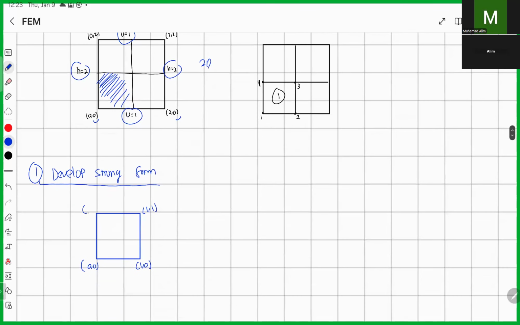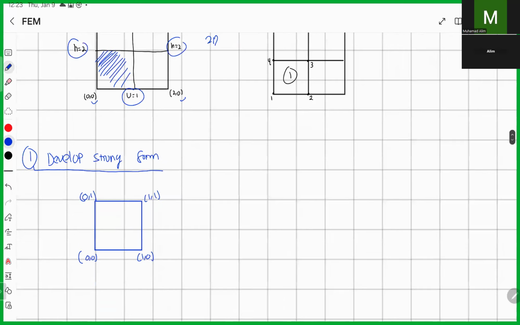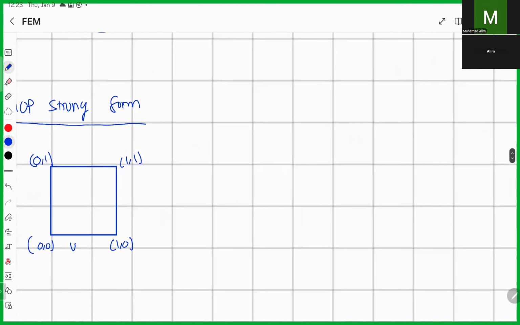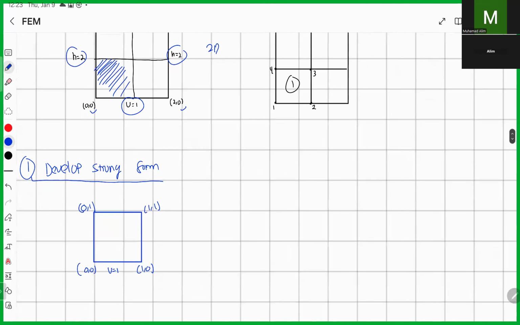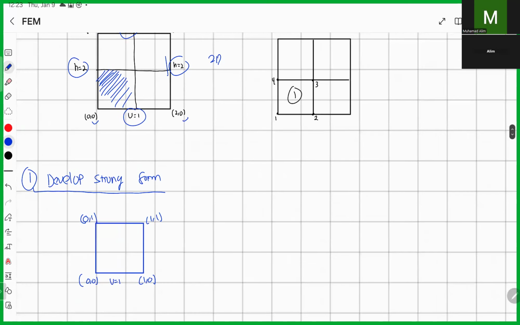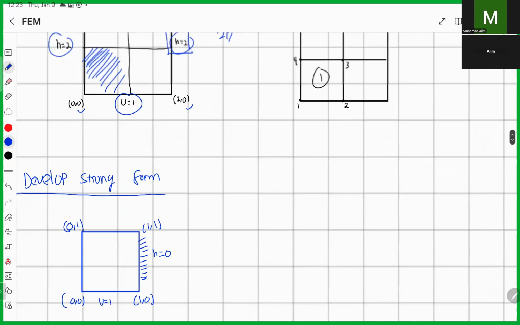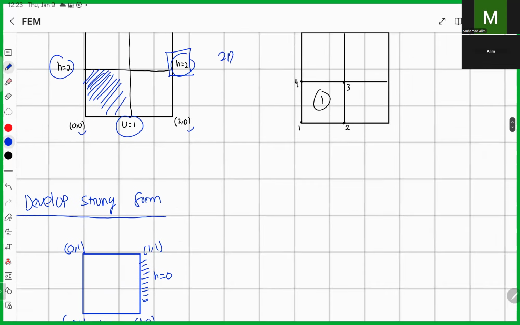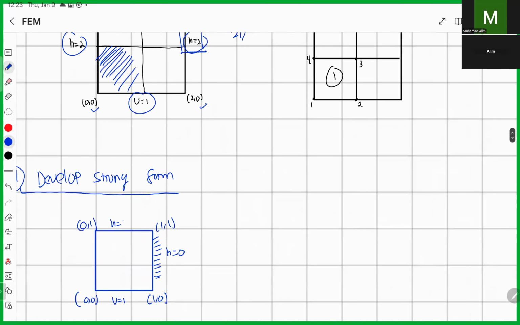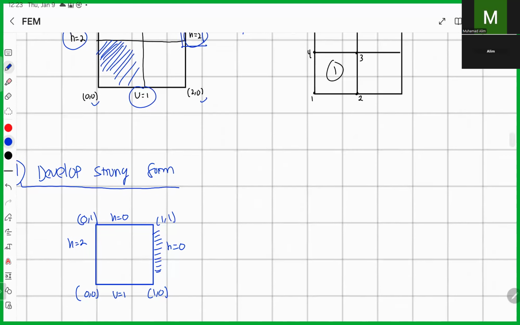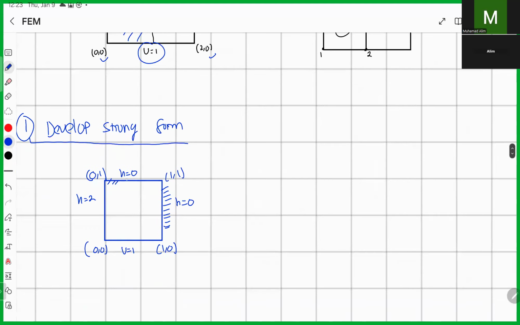Here u equals 1, and at the right side h equals 2. But because of the symmetry property, h has to be 0 here, and h also becomes 0 here, and h here equals 2. So this is what we have. This is also a symmetry.